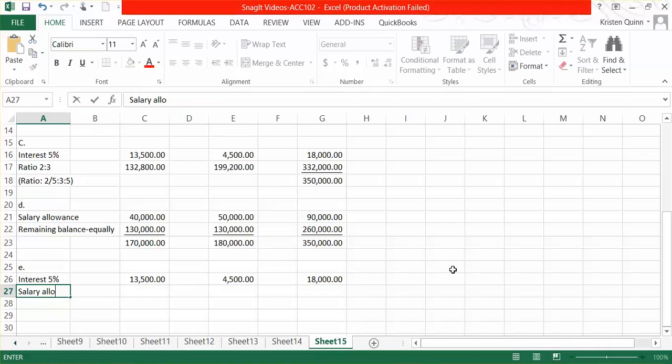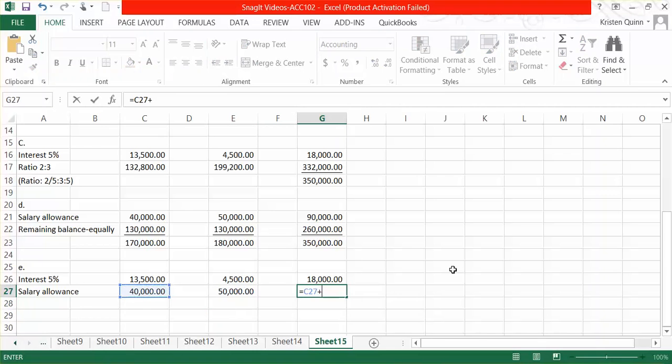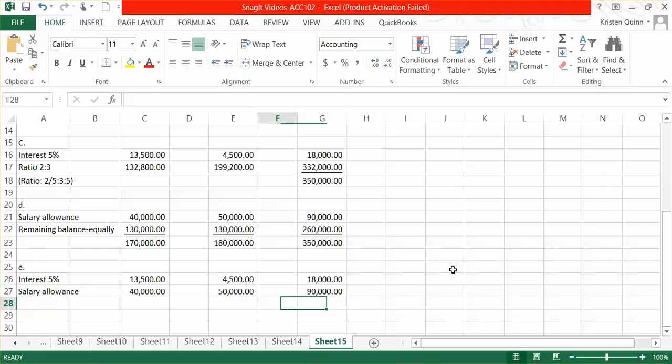We now have a salary allowance that we're going to give. $40,000 to Murphy and $50,000 to Drake. So in total, in step 2 of part E, we've distributed $90,000.